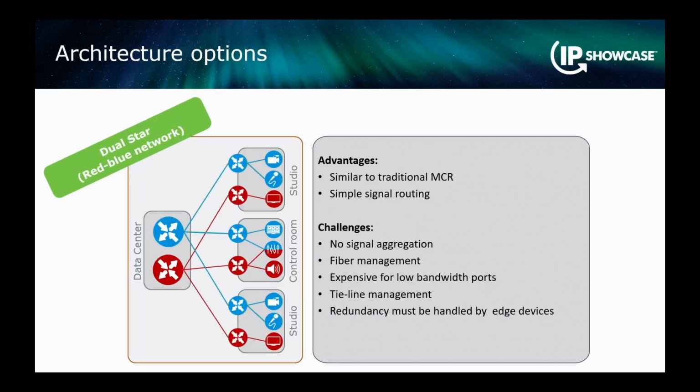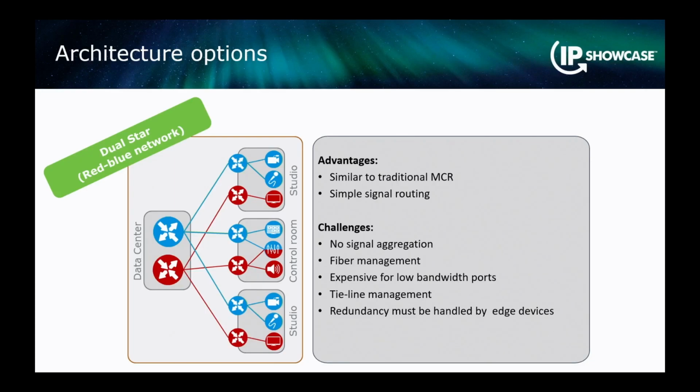So the next option is one that is typically called dual star. We can also call it a red-blue network, completely separate networks. This is something that a lot of people are considering to build. It's nice from a redundancy perspective because it's completely isolated, two isolated networks. There's the red one and the blue one.